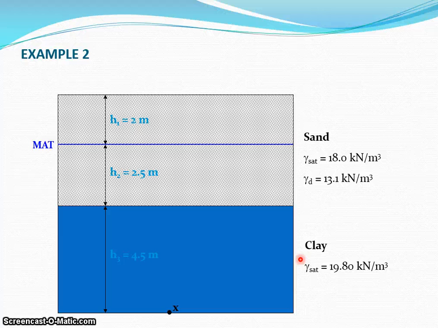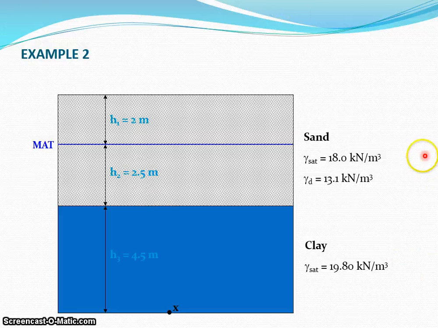Let's see example number 2. Here, the first part of the soil, H1, is 2 meters, followed by the groundwater table at a depth of 2 meters, and then another 2.5 meters of the same soil. The second type of soil has a depth of 4.5 meters.